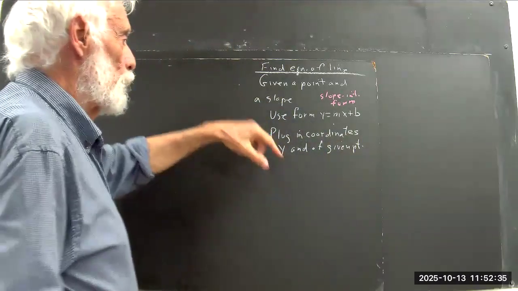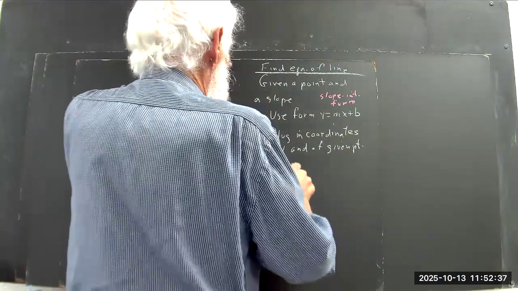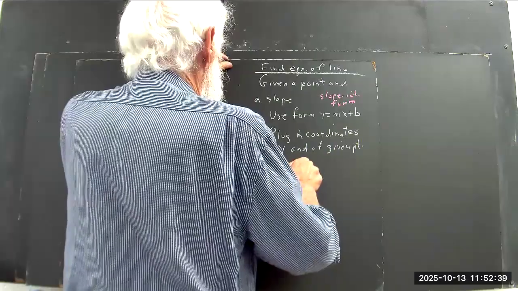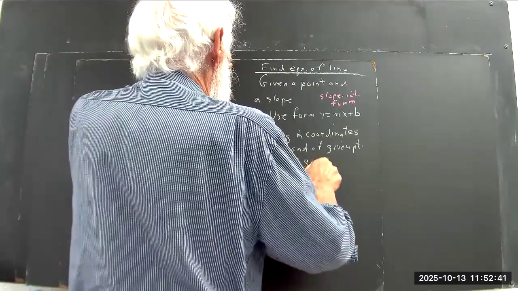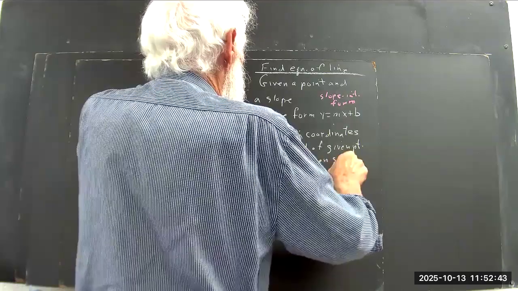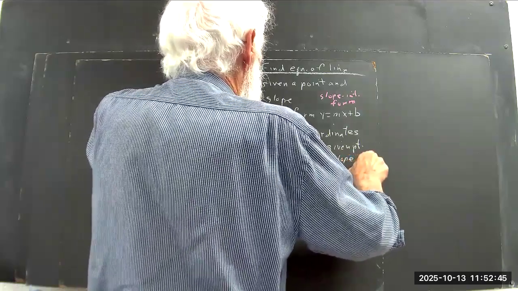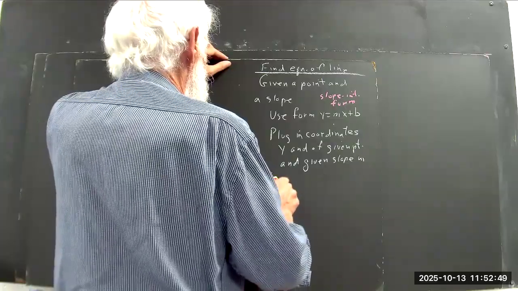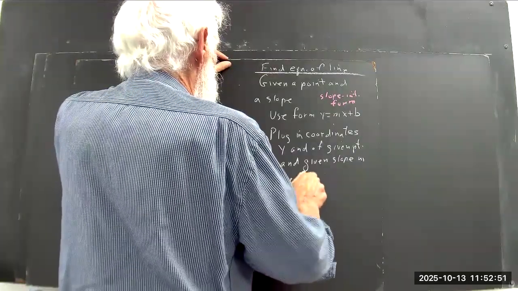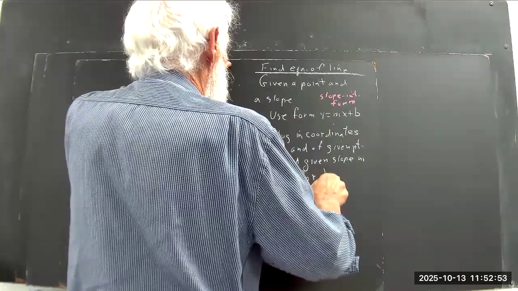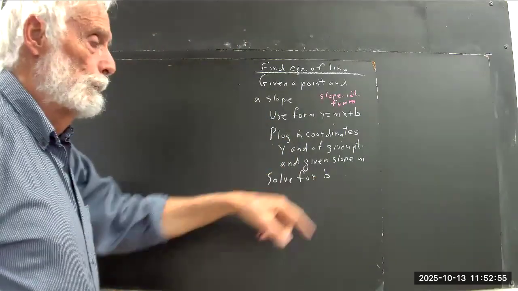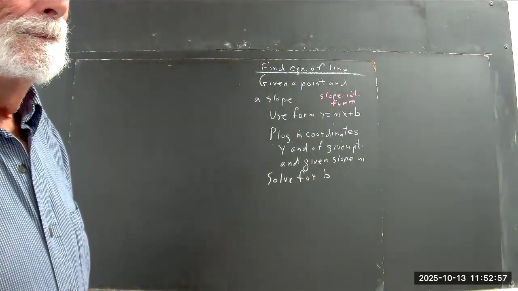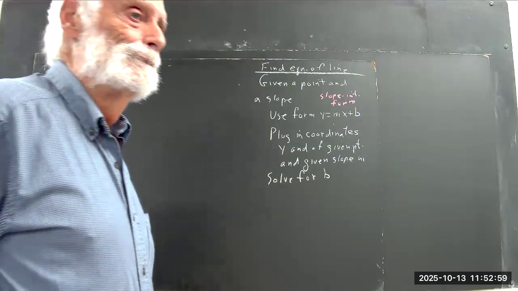Otherwise, you plug in the coordinates y and x of the given point, and given slope m, you solve for b. That's really easy.